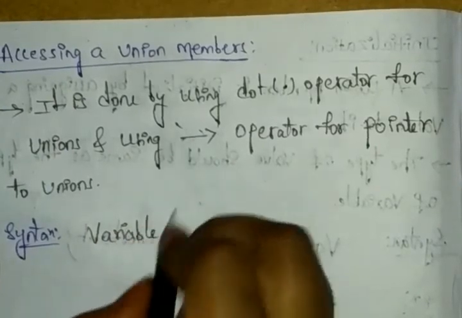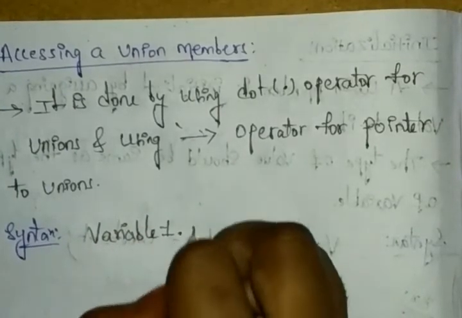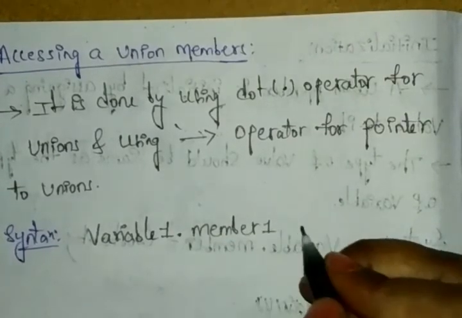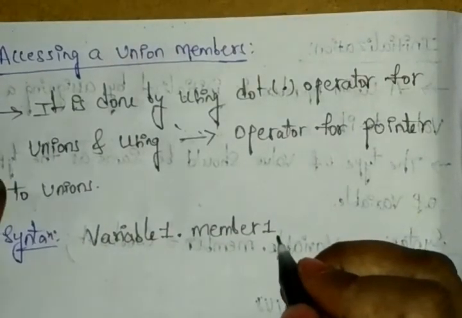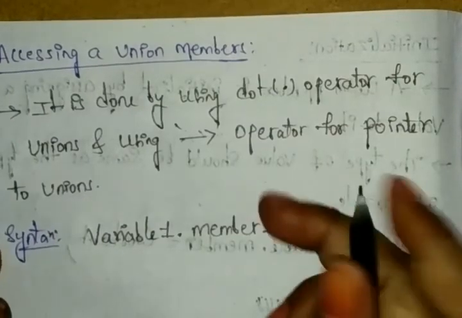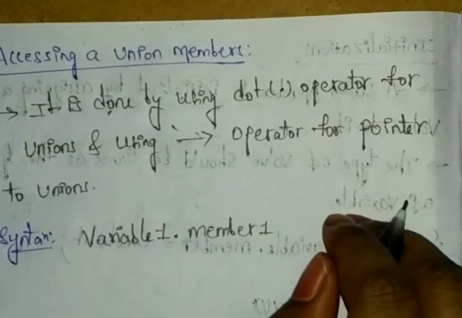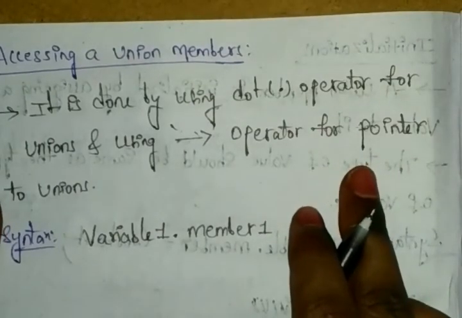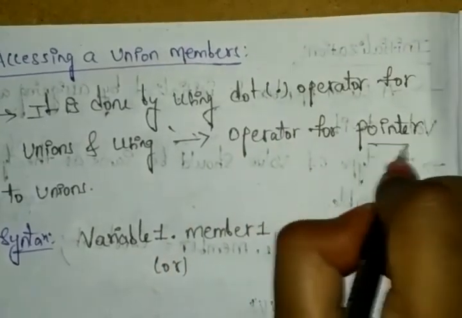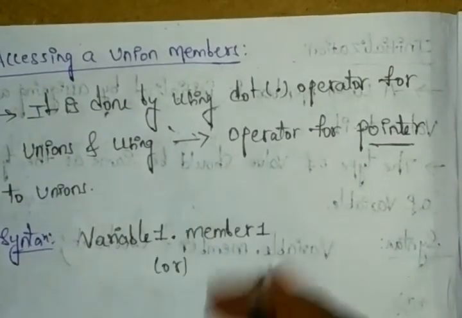So we can define variable one dot variable member one. We already performed this in the initialization, variable dot member equal to the constant, where we used our dot operator. Same here, or else we can perform it with a pointer.